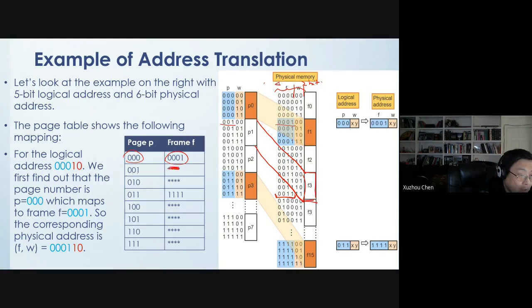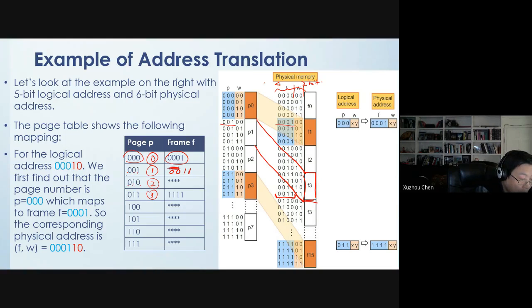So I have 4 bits for the frame number. So 001 maps to 0011, which is 3. And page 2, 010, that's 2 in decimal, right?